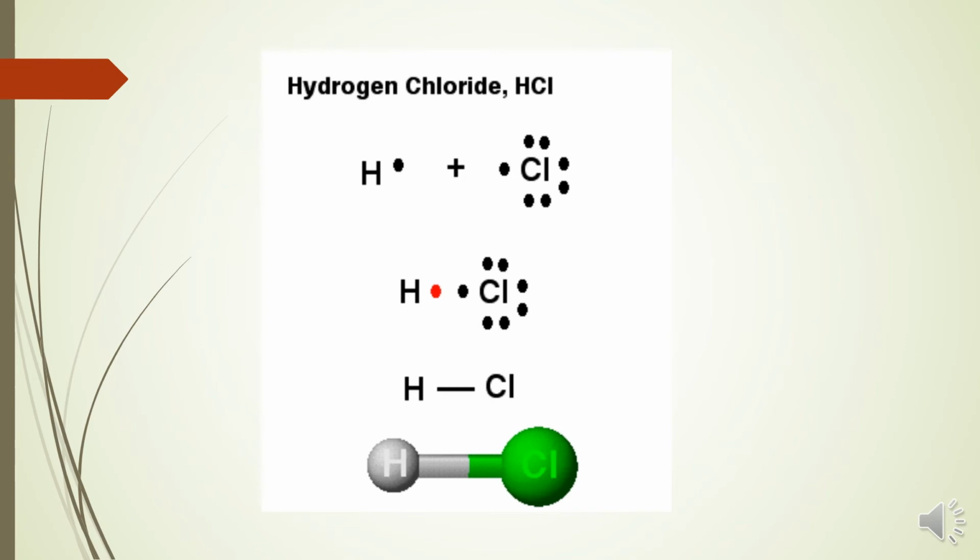They will form a single covalent bond. But this shared pair of electrons will slightly attract towards chlorine atom, and that's why a partial negative charge will appear on chlorine and a partial positive on hydrogen. So because of the formation of opposite poles, this is known as polar covalent bond, or the molecule will be named as polar covalent compound. Clear?